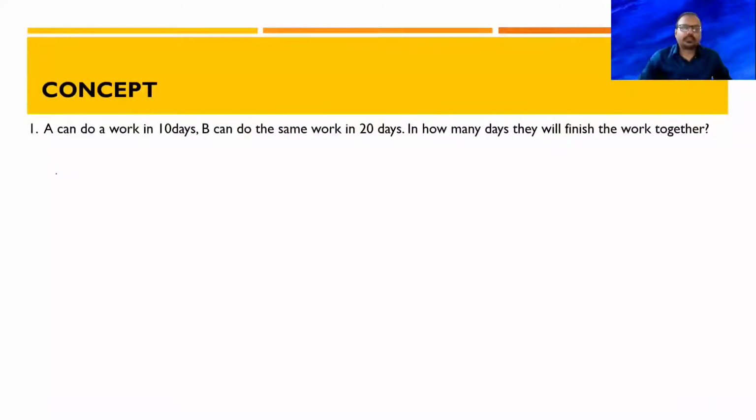So if A can do a piece of work in 10 days, what is the amount of work done by A in a single day? So we know that in one day, A can complete 1/10 of the work.